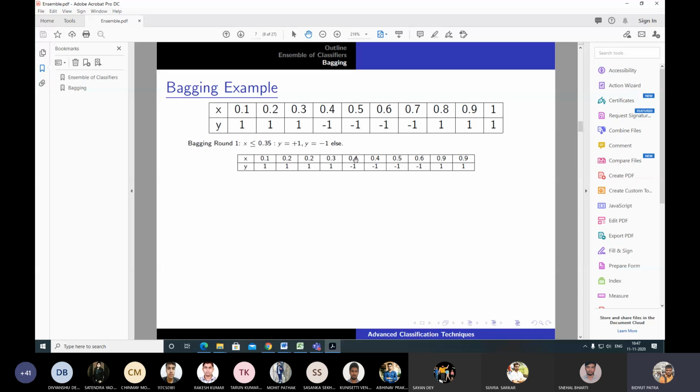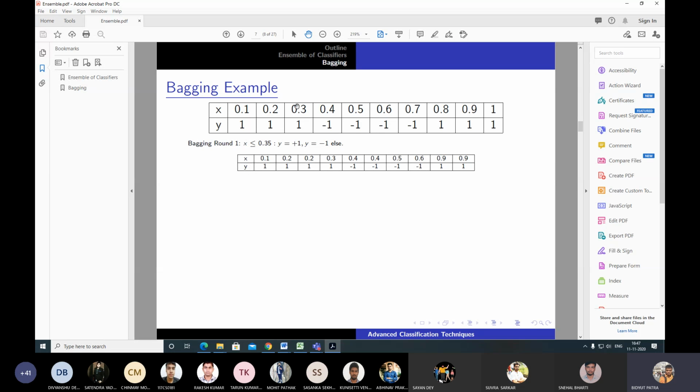Similarly 0.3, 0.4, 0.4, 0.5, 0.6, 0.6, 0.9, and so on. There are 10 objects with duplicates. You know the class label of 0.1 is 1, 0.2 is 1, 0.3 is 1, then minus 1, minus 1, minus 1, and so on.